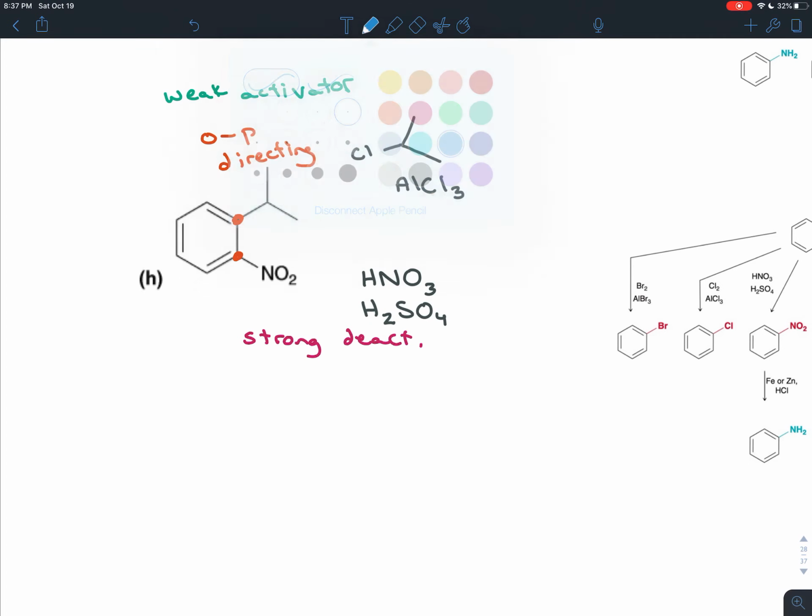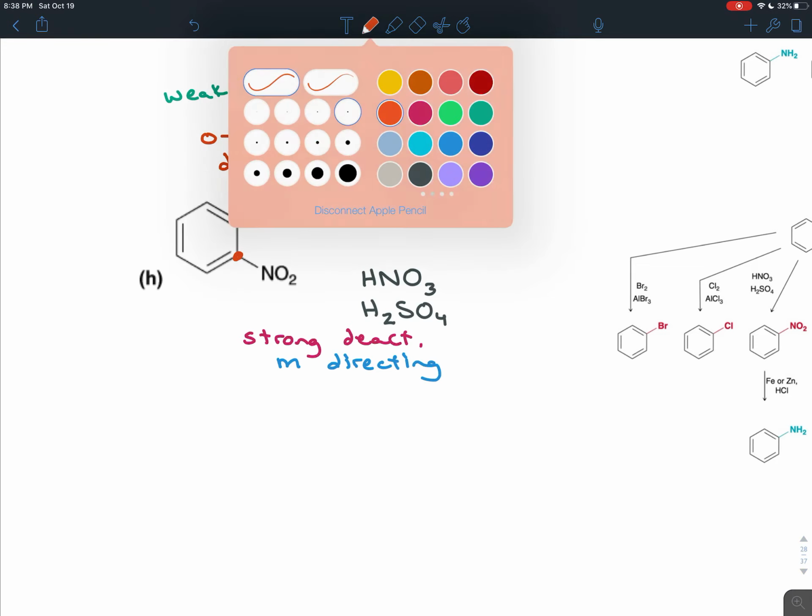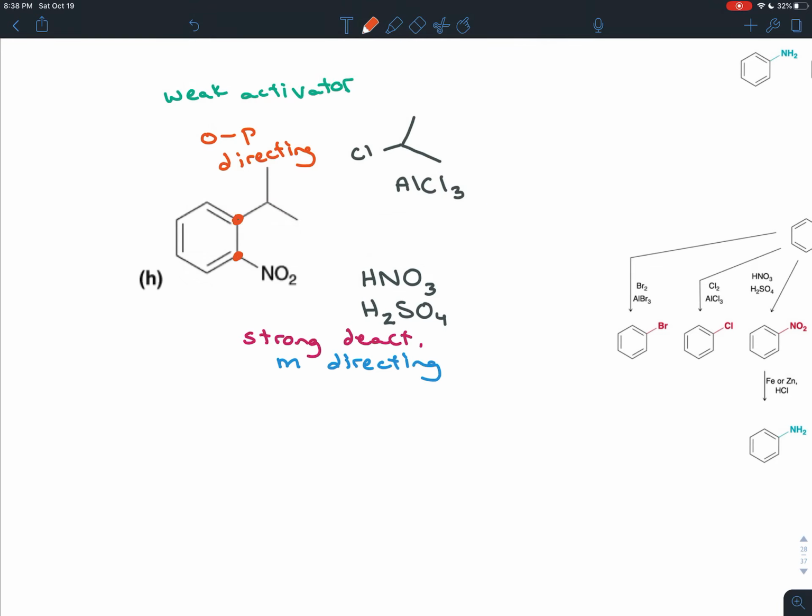And, like all strong deactivators, it is meta-directing. So, because these 2 branches are ortho-para, we need to put the ortho-para-directing branch on first. So we have to do the Friedel-Crafts alkylation first.